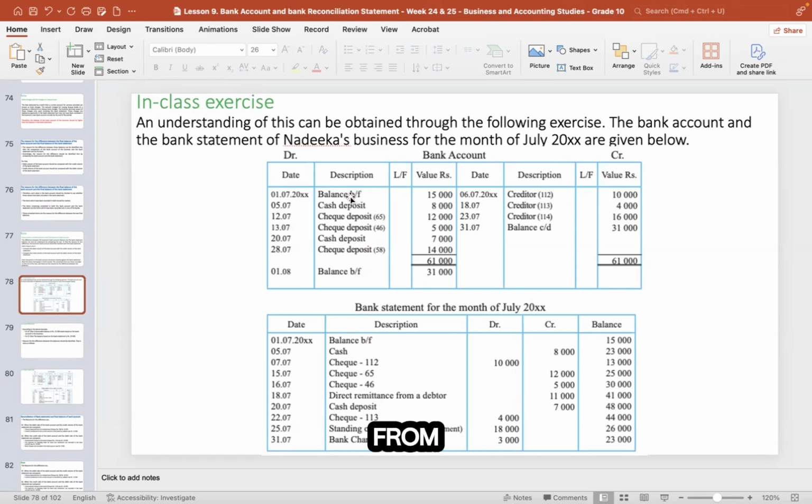Starting from the balance brought forward, it's 15,000, and in the bank statement also it is 15,000. But the final balance, the balance carried down, the month end balance, is 31,000 on the bank account, and on the bank statement it's 23,000.